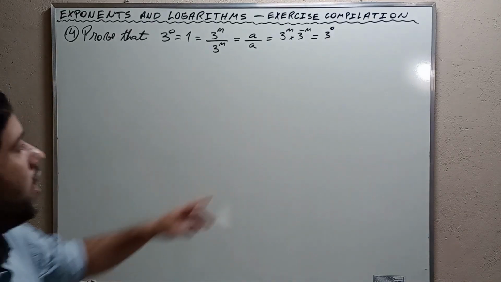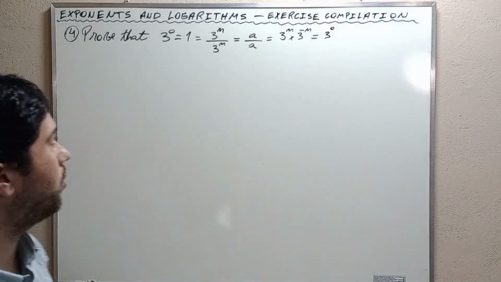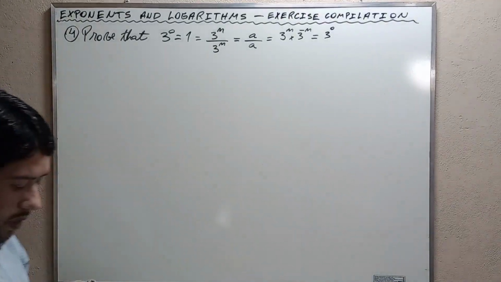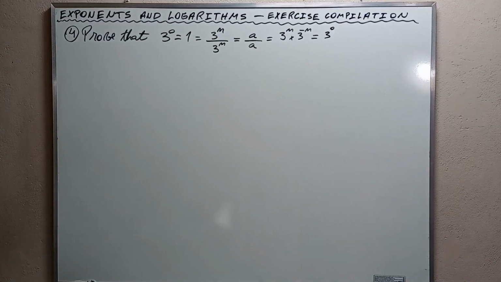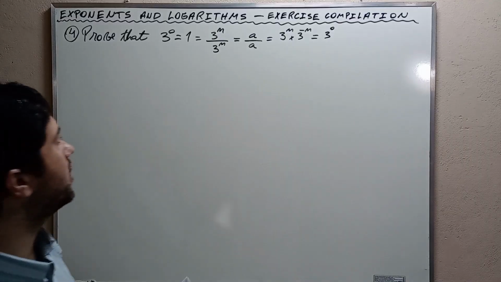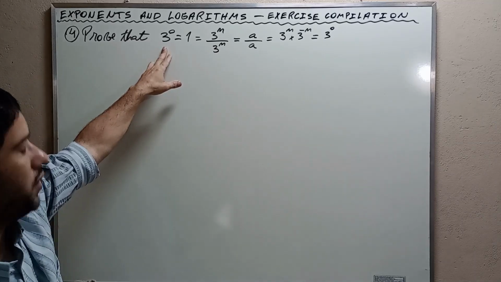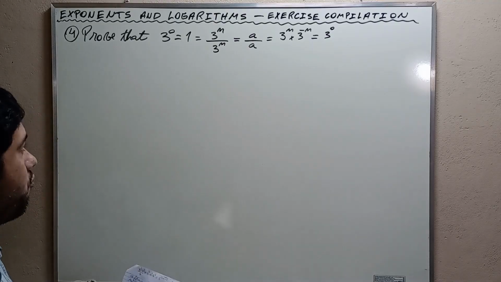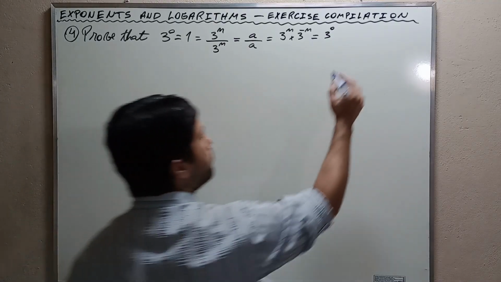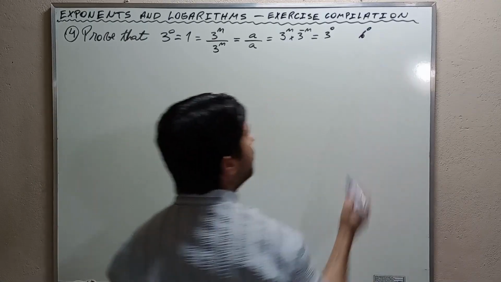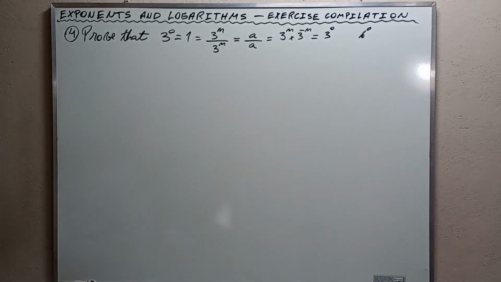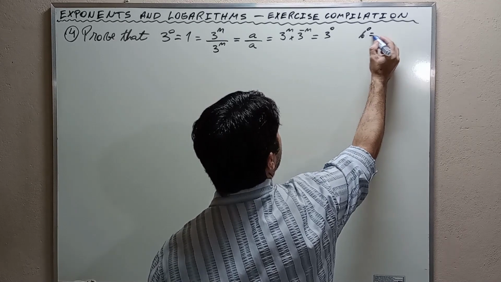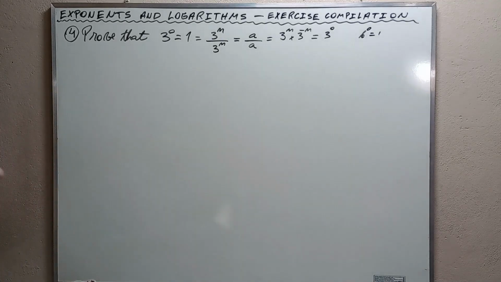Okay, that's why 3 raised to the power of 0 is equal to 1. Alright, my friends, this is the conclusion. Every number, it can be 3, it can be any kind of number, every number b raised to the power of 0 is equal to 1. This is the conclusion that we get from this exercise.